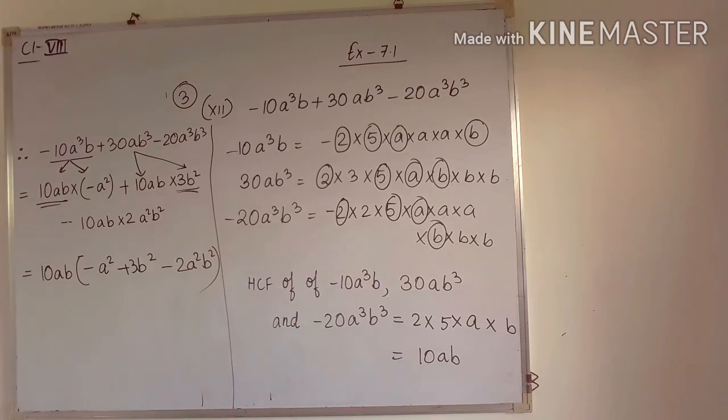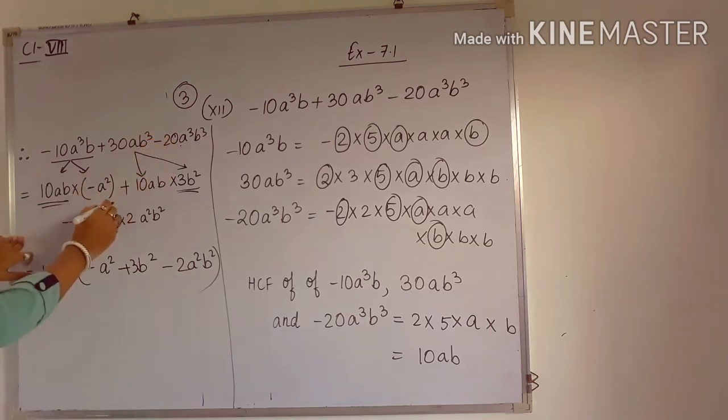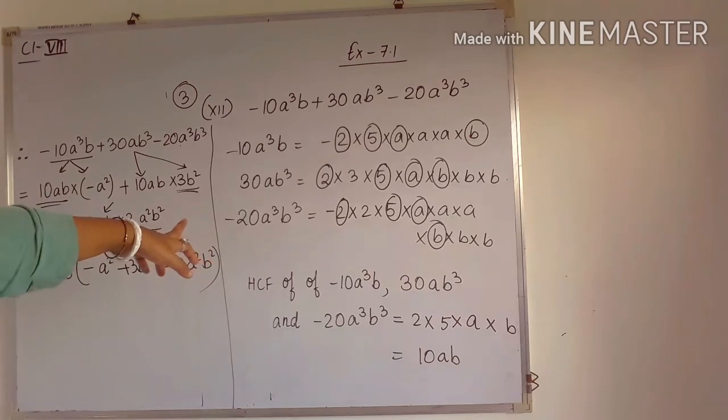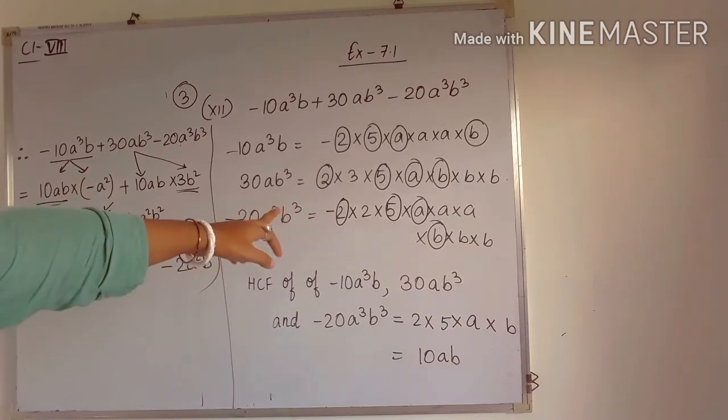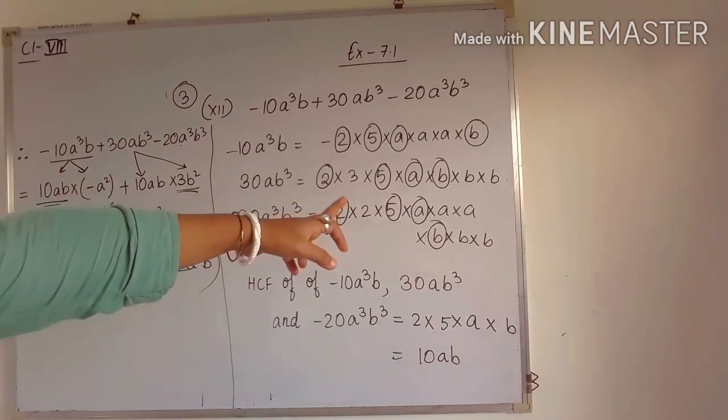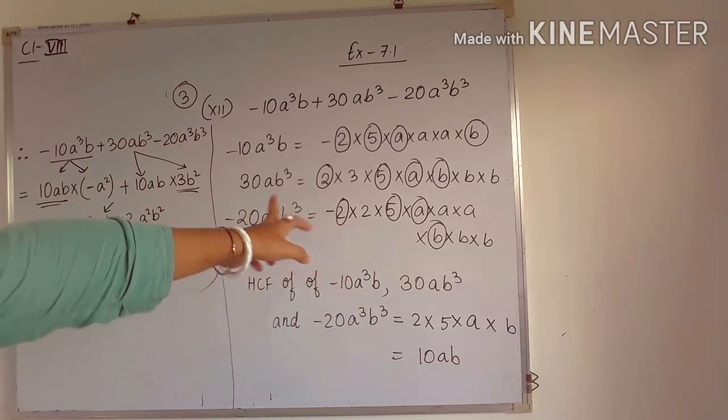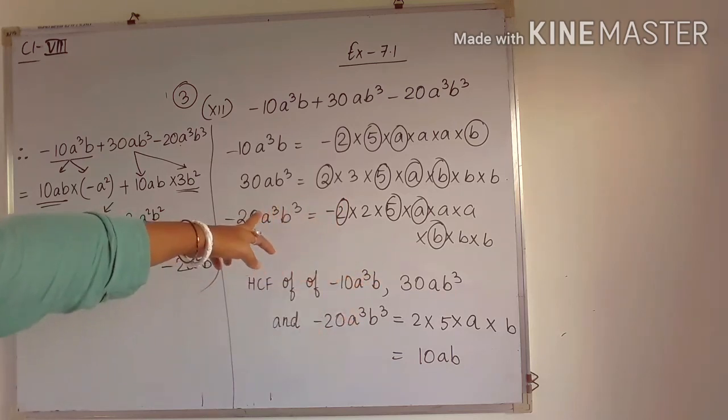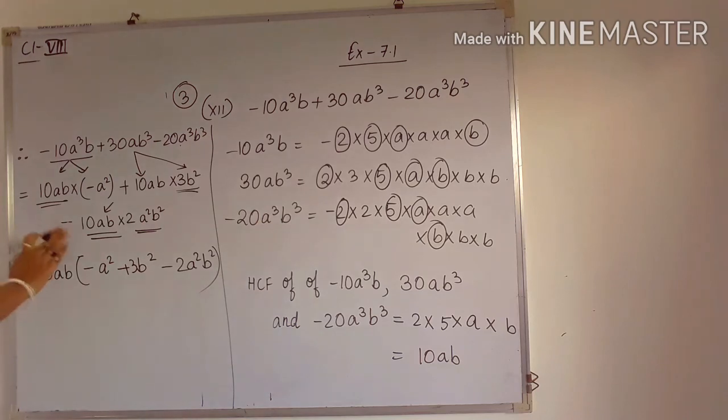Okay, next is minus 20a cube b cube. So first of all, we are factorizing it into two parts. The first one will be the HCF and the second one, see the factorization of 20a cube b cube. a into a will be a square, b into b will be b square. So 2a square b square, and there is a minus sign.